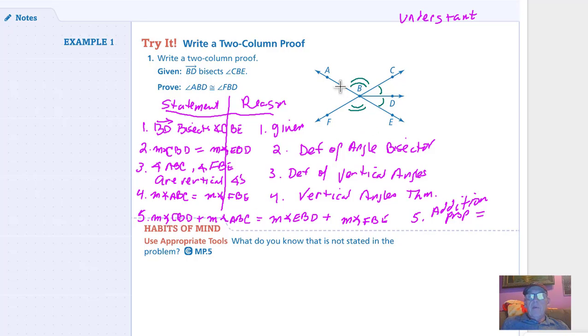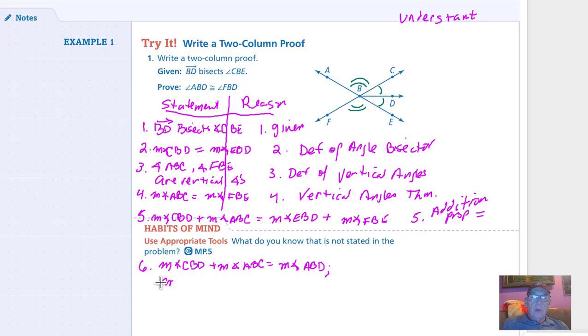Now, the measure of angle CBD plus the measure of angle ABC is equal to the measure of angle ABD. So we could say for step 6, the measure of angle CBD plus measure of angle ABC equals measure of angle ABD.